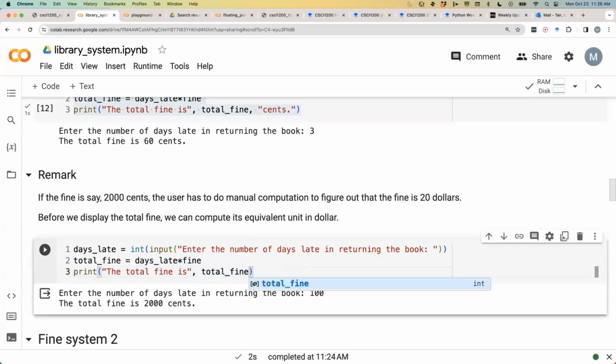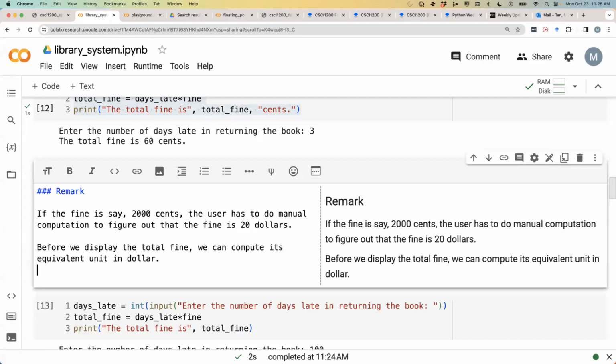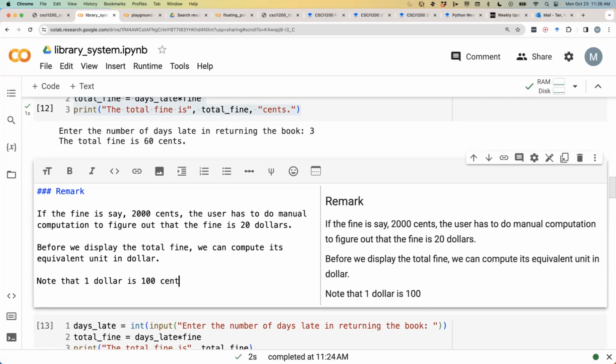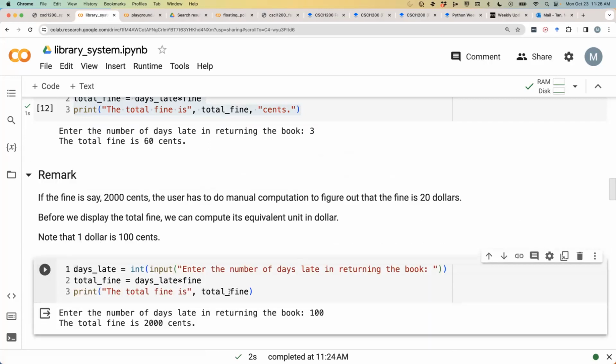Okay, so note that $1 is 100 cents. We are fine with 60 cents, 70 cents, but 100 cents, we want to convert to its equivalent dollars. So $1 is 100 cents. So we keep the total fine as an int, all right?